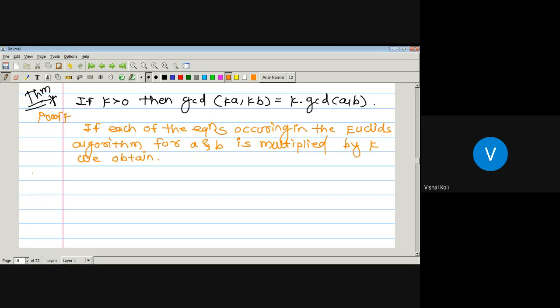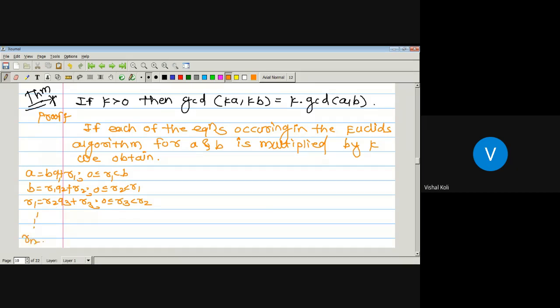as we know that a is nothing but b into q plus r, where 0 is less than or equal to r, which is strictly less than b. Instead of q and r, here we have q1 and r1. Similarly, the second equation is b equal to r1 into q2 plus r2, where 0 is less than or equal to r2, which is strictly less than r1. And r1 is nothing but r2 into q3 plus r3, where 0 is less than or equal to r3, which is less than r2, and up to so on.